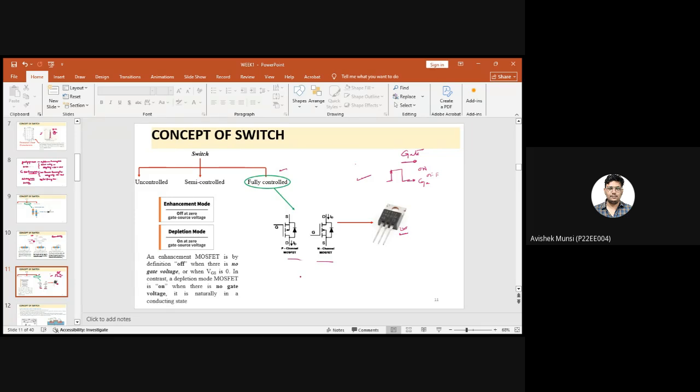In depletion mode it is naturally conducting at zero gate source voltage, and in enhancement mode it is off at zero gate source voltage. Okay, and N channel and P channel mean negative channel and positive channel.